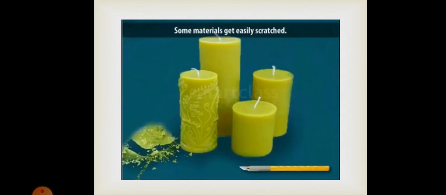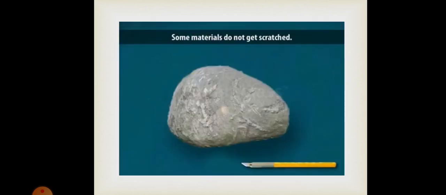Some materials get easily scratched, like the wax of a candle can be easily scratched using a knife or any other sharp object. While there are some materials which do not get scratched, as you can see a stone over here, it cannot be scratched using a knife.